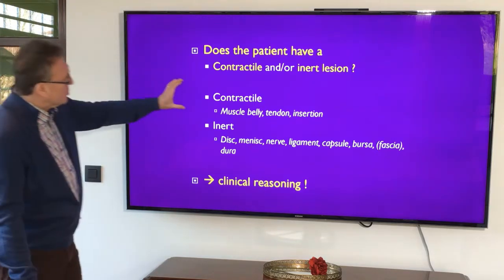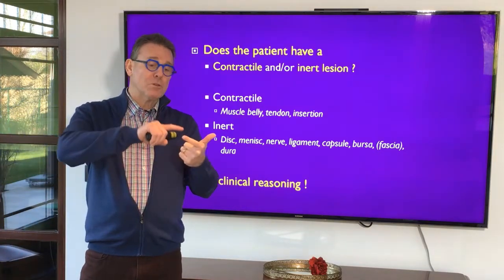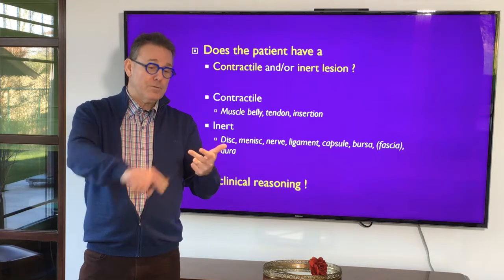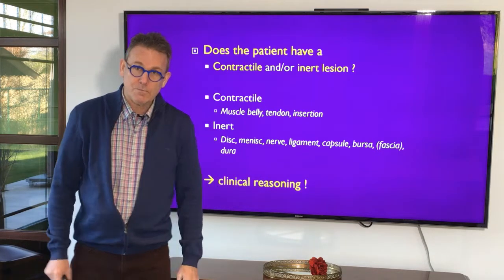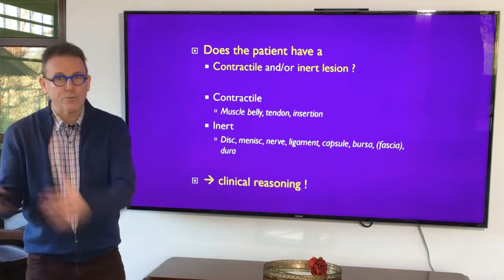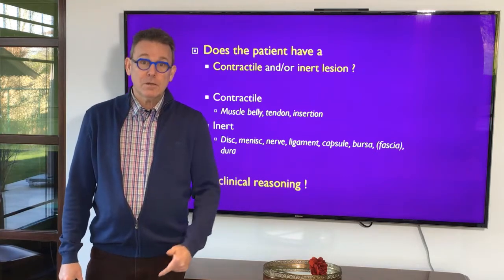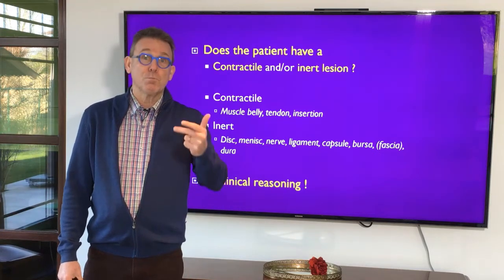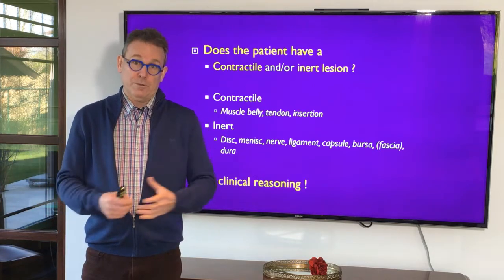Okay, what is the definition of the contractile group? Muscle belly, musculotendinous junction, tendon, and the insertion into the bone, the tenoperiosteal part. What's the definition of the inert group? All the rest. Disc, meniscus, ligament, bursa, nerve, all the other structures.